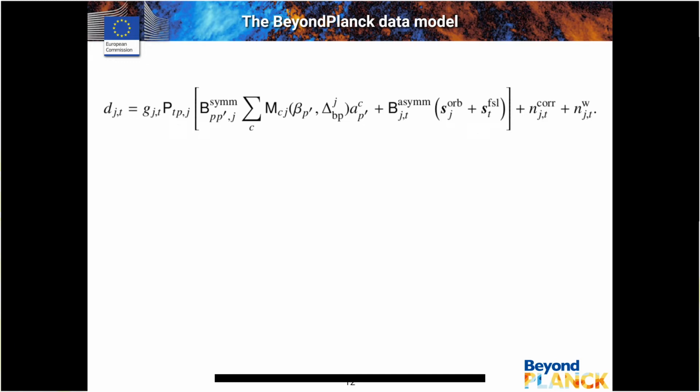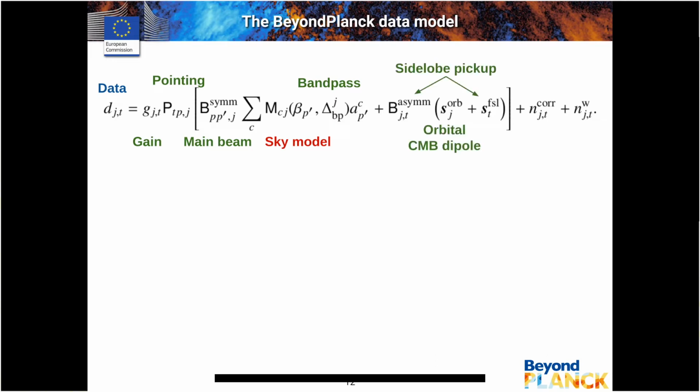So here's the data model again. We see on the left-hand side of the equation, this is our data as a function of time that comes out of, so these are the raw time streams that come out of the telescope. We have the sky model here, which we'll discuss in detail in a moment. There's a main beam term, a pointing term, a gain term, a bandpass shift term, side lobe pickup, the orbital dipole, correlated noise, and white noise.